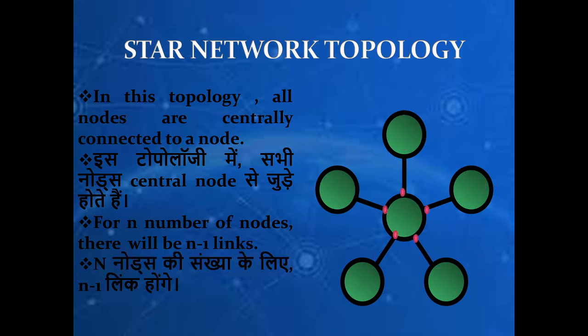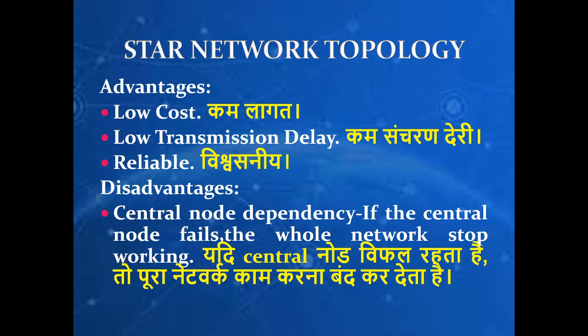Now let us see the advantages and disadvantages of star network topology. Advantages: low cost, because all the nodes are directly, centrally connected to the central node. Low transmission delay, because the nodes are centrally connected, so the transmission takes place directly.